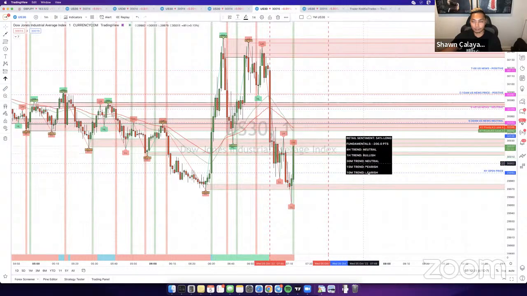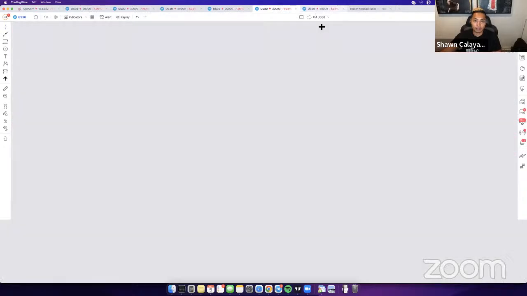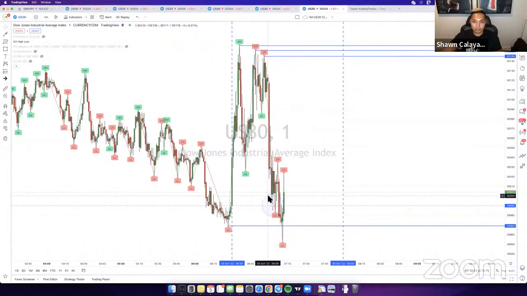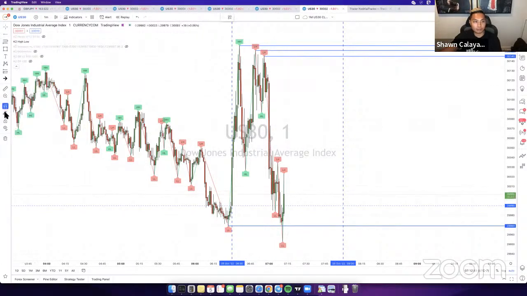It's just a matter of time until this thing starts to choose its direction. There's no direction right now. As you can see, price faked out in both ways. It faked out up here, faked out right here, came back up, faked out, triple top, came down super heavy, faked out right here, and here we go, back at opening price. There's not really too much to work with here. Price is really just going back and forth.